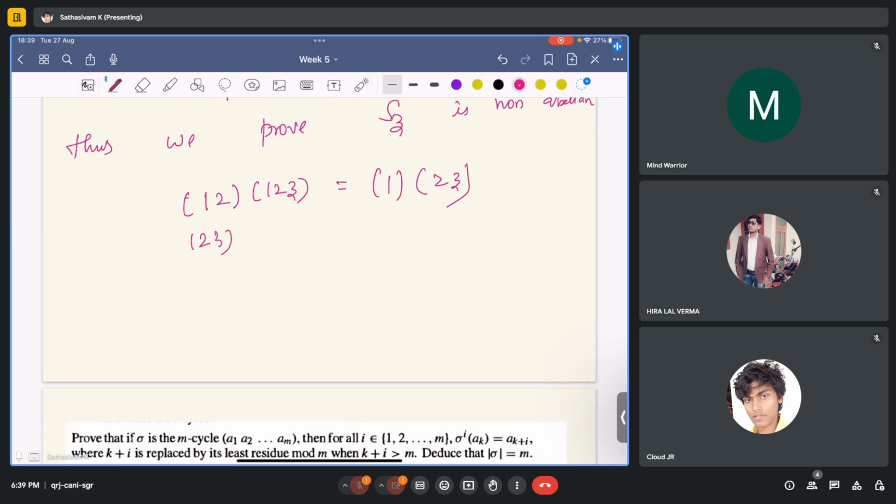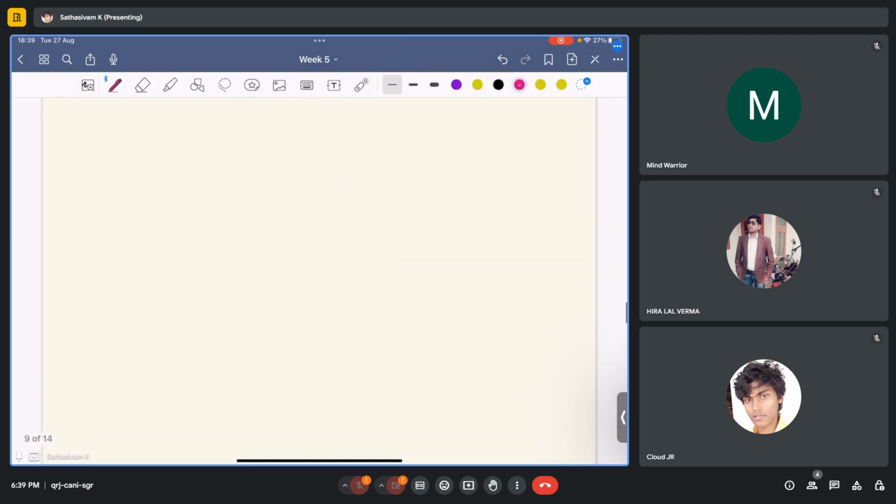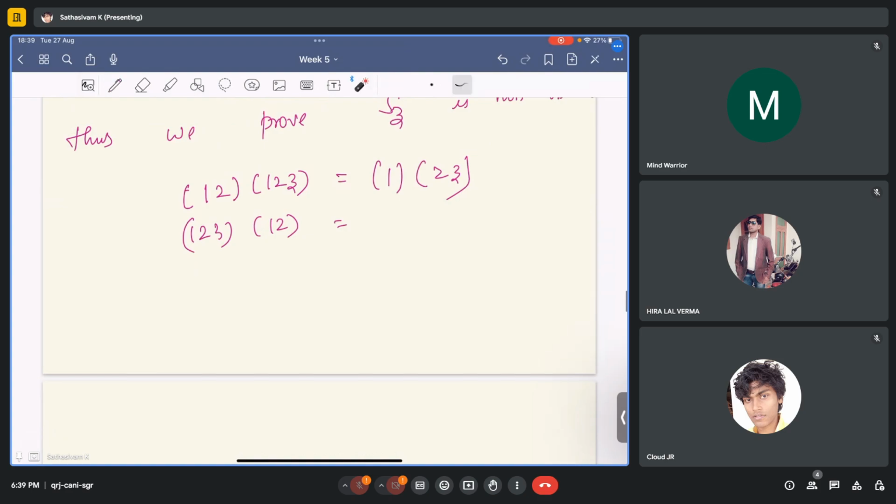So let's compute the other way around and see what happens. Here 1 goes to 2 and 2 goes to 3, so basically 1 will go to 3. Now what happens to 3? 3 is not in the first, but 3 goes to 1 here. So 3 goes to 1; let's close the bracket.